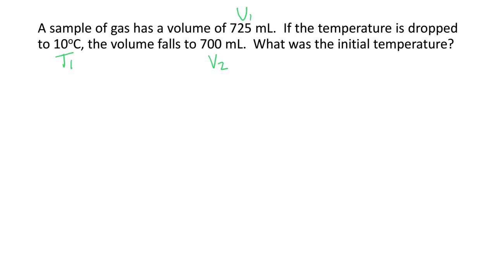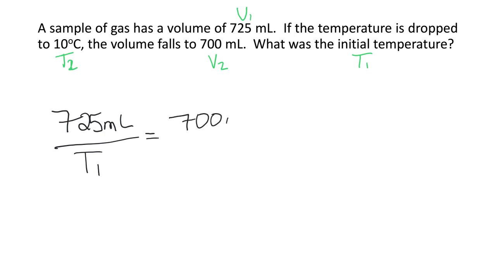And just to be sure, it even says, what is the initial temperature, which is our T1. When we put this into the equation, don't forget, we're looking for T1. So we have V1 is 725 milliliters divided by T1 equals 700 milliliters divided by 283 K. Don't forget, we have to put this into Kelvin, not Celsius.